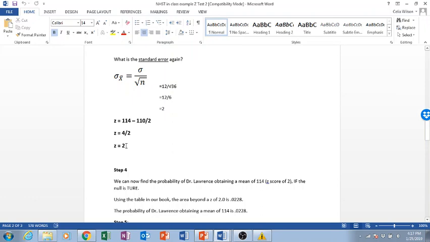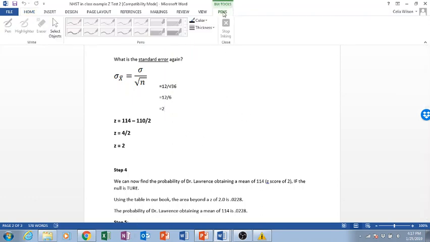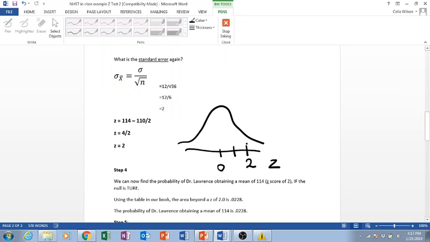So if I am thinking about that curve, sometimes it helps me to picture it. Actually, a lot of times it helps me to picture it. So if I have my line and I'm imagining that curve, and I have a z-score of 0, because these are z-scores down here. I know they have a standard deviation of 1, so my z-score of 2 is going to be right here. So I'm going to look for this probability.